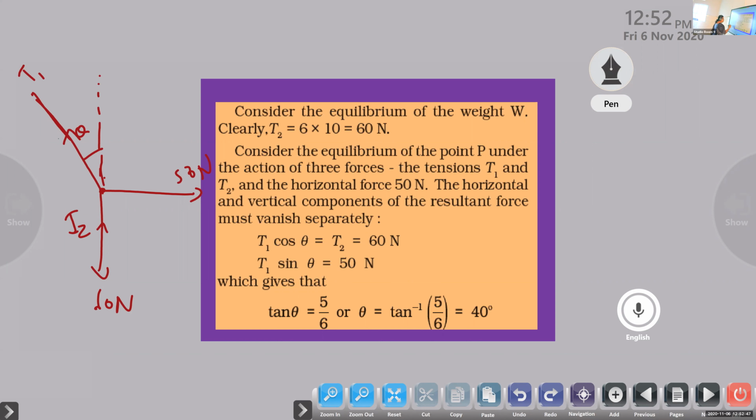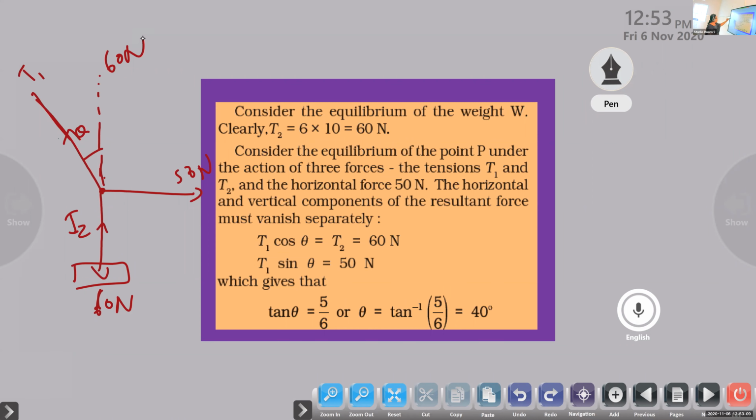But we already know that by looking at the weight of the object, if this is 60 Newton, this is also going to be 60 Newton because they are equal and opposite. According to the question, 60 Newton is at the end of the rope.